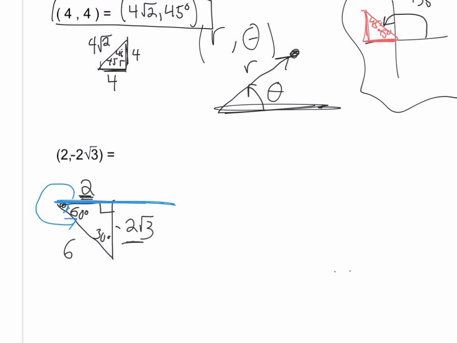I still have this 60 degrees that I'm not going to go past. So my theta is 360 minus 60, which is 300. So when we give our point in polar, the r is 6 and the theta is 300 degrees.